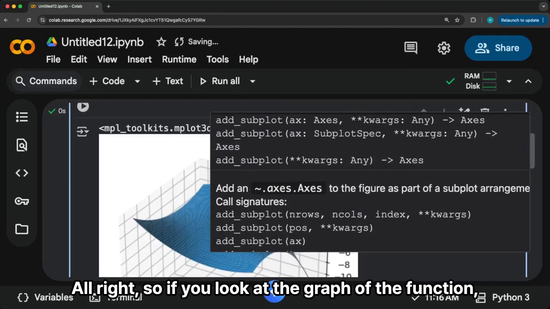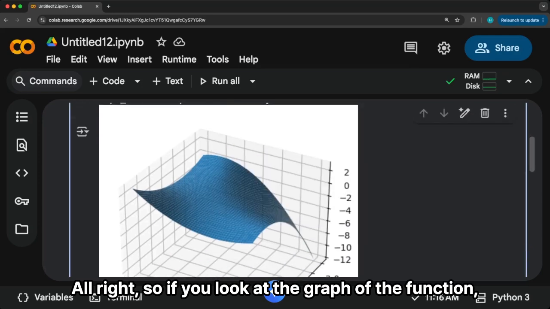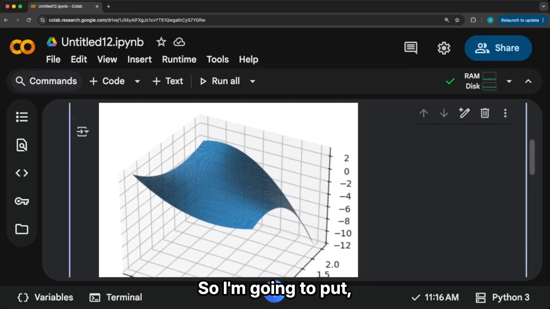All right, so if you look at the graph of the function, this is how it looked. I'm going to put the dots for those 4 points and see what happens.